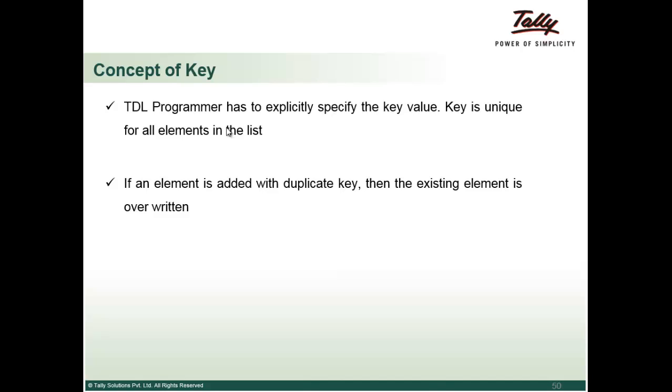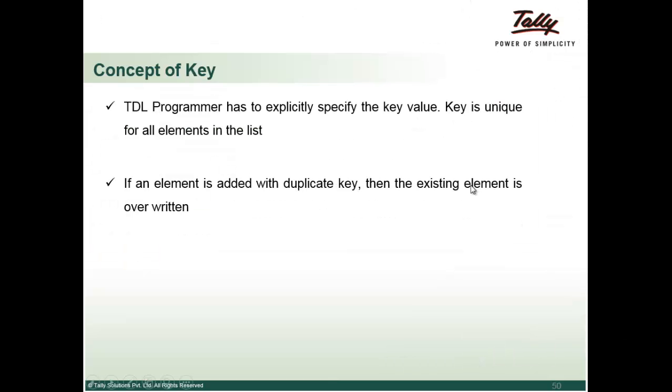It is like each of us has an employee number, or we have an Aadhaar card number, a unique key associated with us, so that our details can be fetched later by the government. In the same way, when we are adding details to the list variable, we will add the instances which have a unique key, so that we can operate on it later.